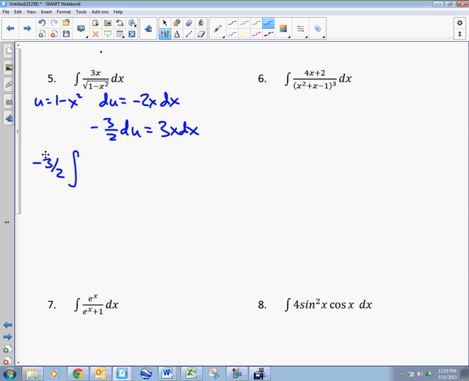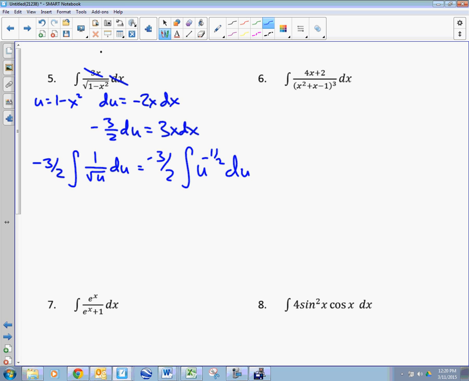Negative 3 halves integral. By making this substitution as negative 3 halves du, what do I get rid of? The 3x, the dx. So 1 over the root of u du, which is the same thing as negative 3 halves times the integral of u to the negative 1 half du.